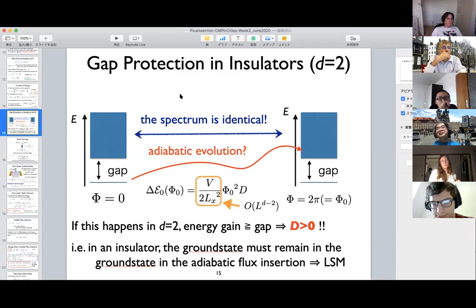And also, Haruki Watanabe has a recent paper in which he shows that much of the macroscopic properties of the system is insensitive to the flux insertion or the change of the boundary condition. But he hasn't completely proved that the gap is protected, but he did show that the gap to the excited states, which you can access by applying local operators, should be protected or something like that.